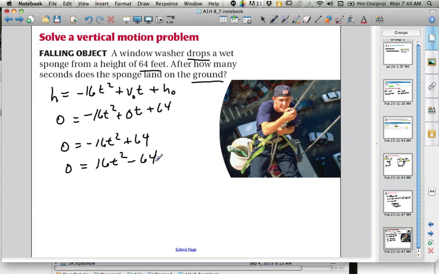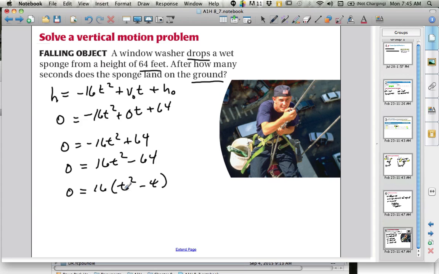In fact, I would also look and say, well, I can factor a 4 out of all of this, right? Oops, I can actually factor a 16 out of everything, right? So when I do that, I'll have 16 times t squared minus 4.